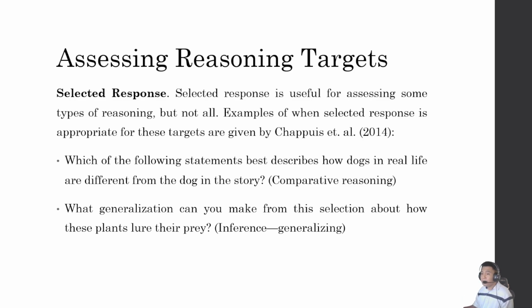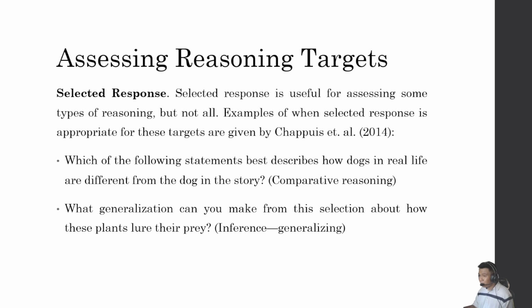Okay? Pareho rin po yung rationale dito sa pangalawang tanong. What generalization can you make from this selection about how plants lure their prey? Okay? Generalizations, meaning they are thinking of a general rule, they are inferring, meaning they are using inductive reasoning.